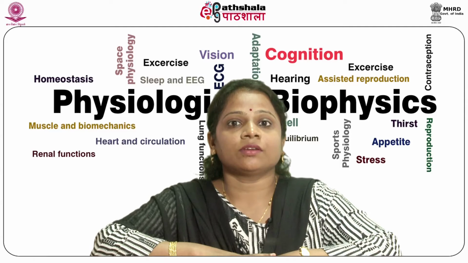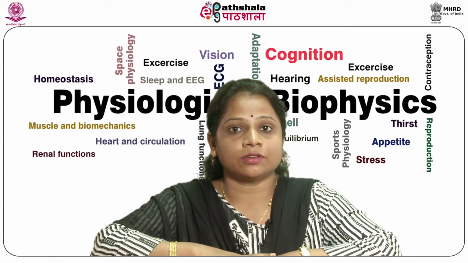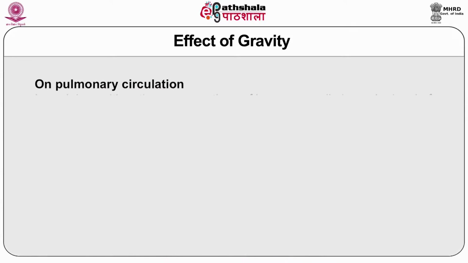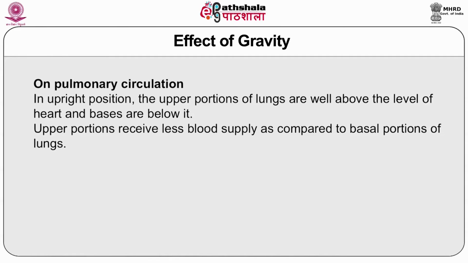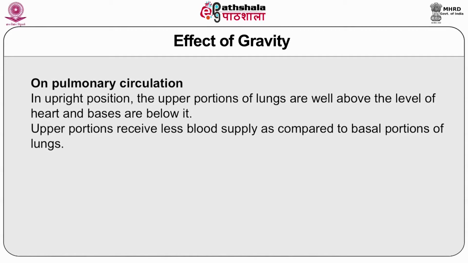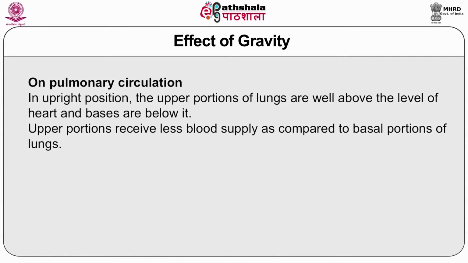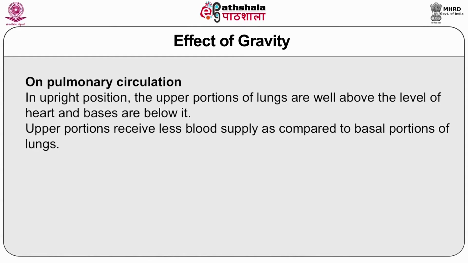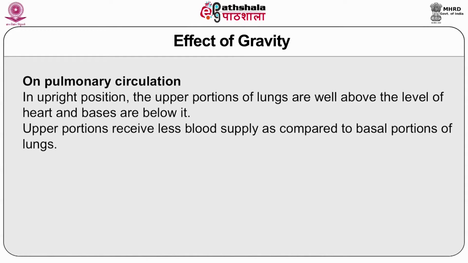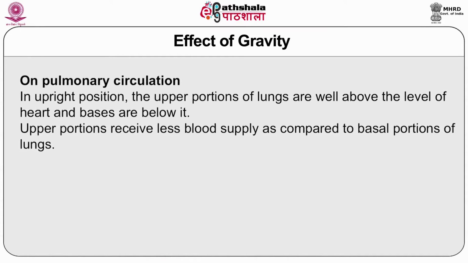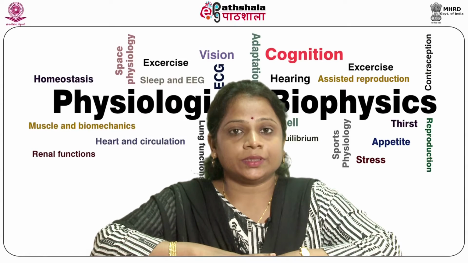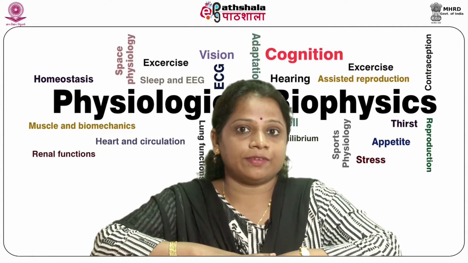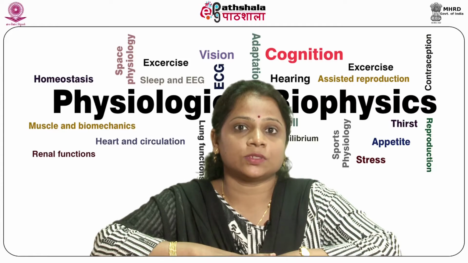Gravity has its effect on the pulmonary circulation. In upright position, the upper portions of the lungs are well above the level of the heart and the bases are below it. So, upper portions receive less blood supply as compared to the basal portions. Gravity has an effect on pulmonary ventilation also.